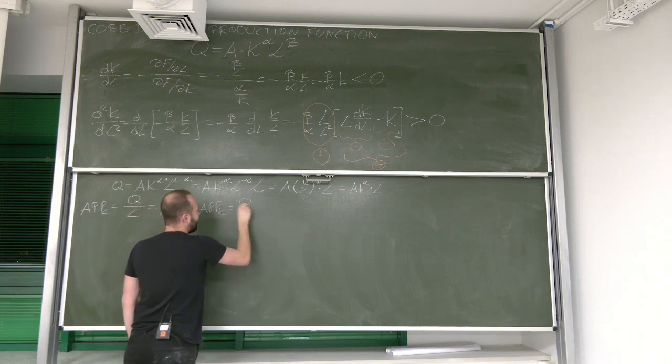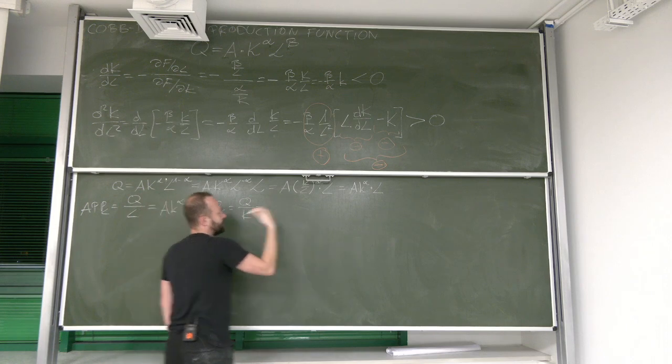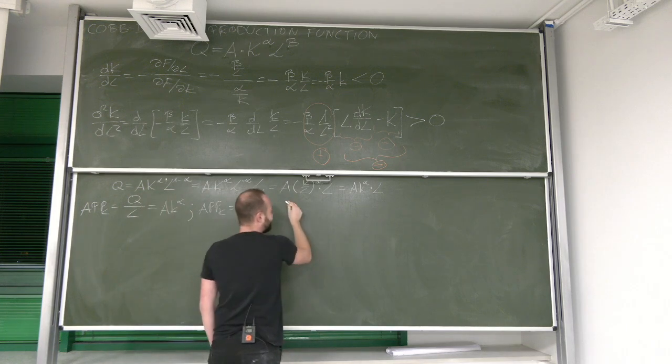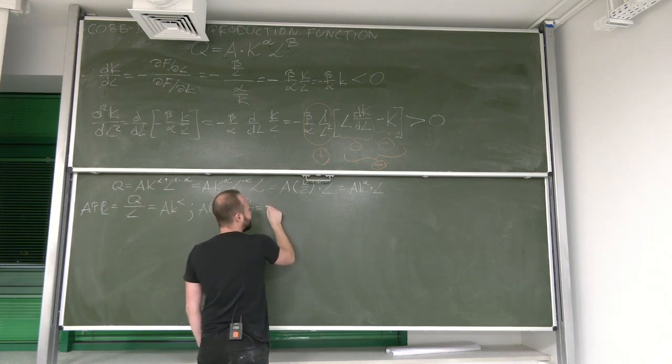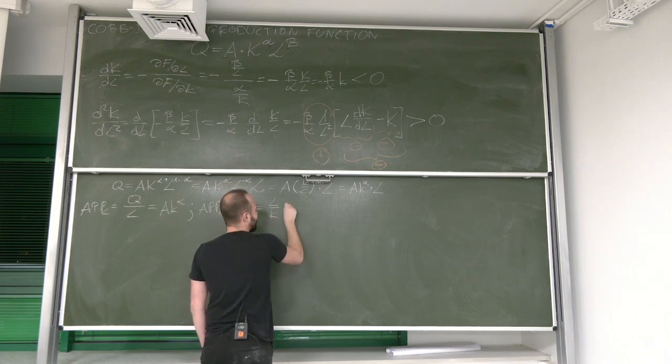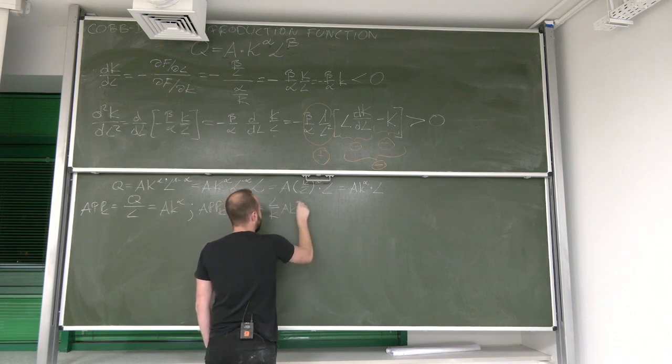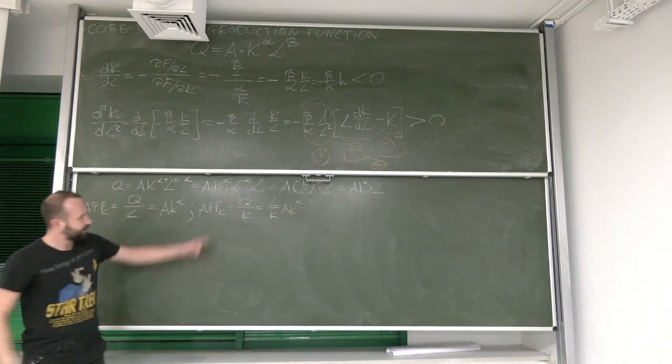We divide the level of production by capital, and we get A L divided by K, times k to the power alpha, right?